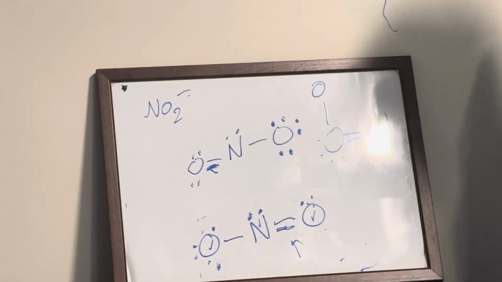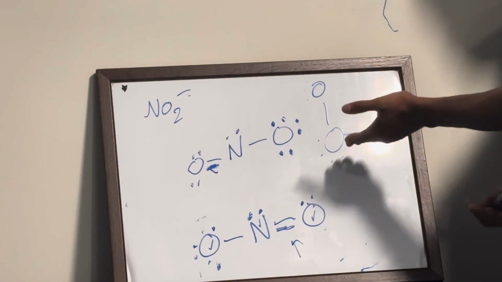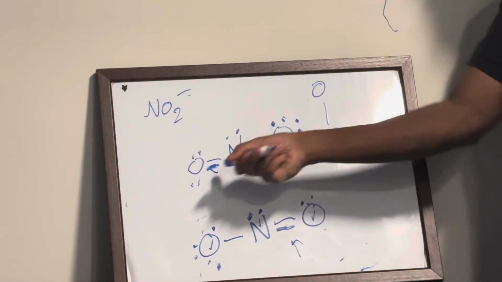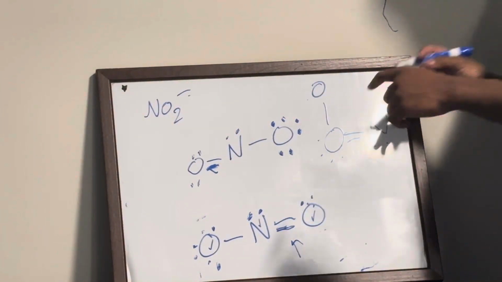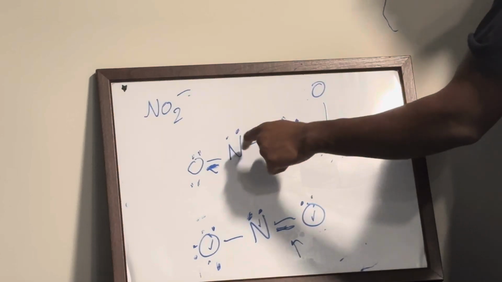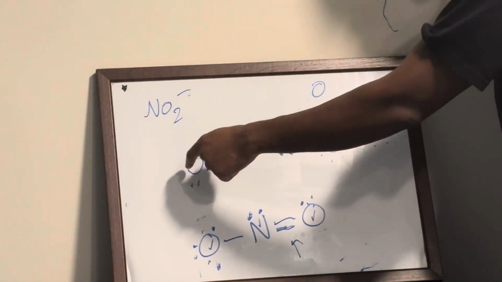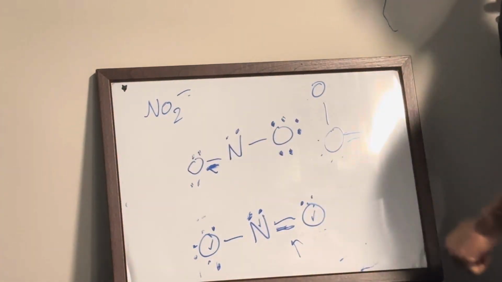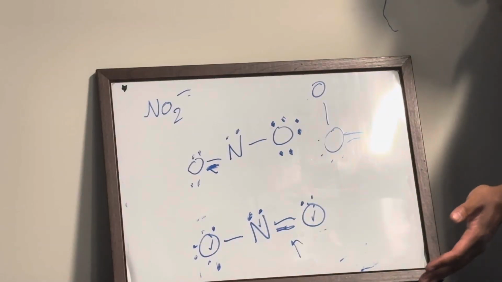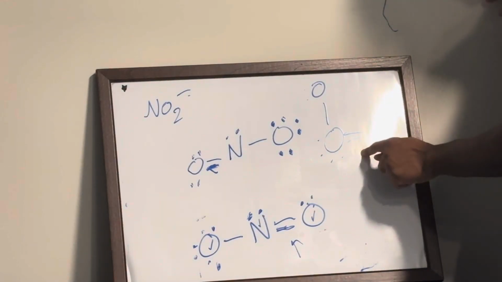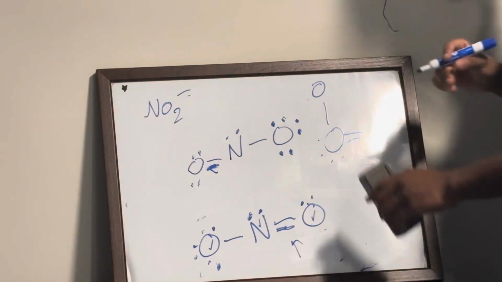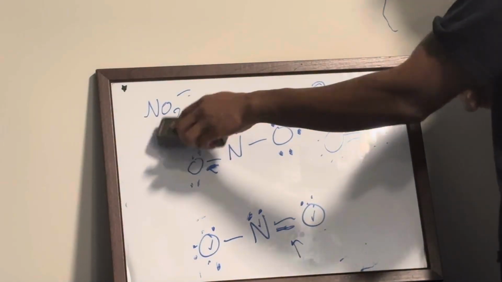No. The answer is no, because we switched the structure of it. It's supposed to have 1 O to N since it's the central N. So O to N, O to N. But because it doesn't, we know this is not a resonance structure of this compound.